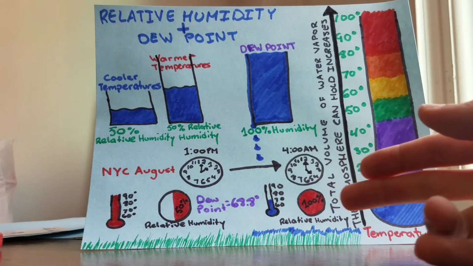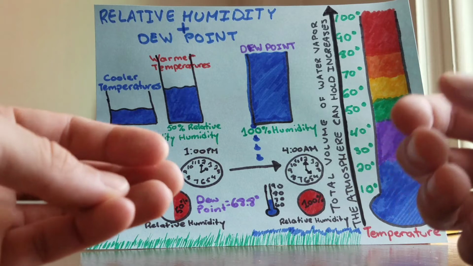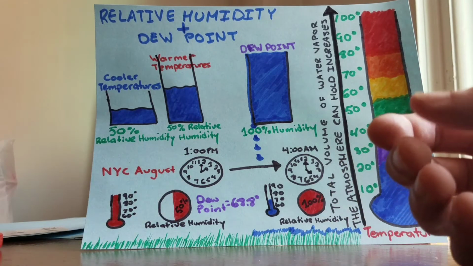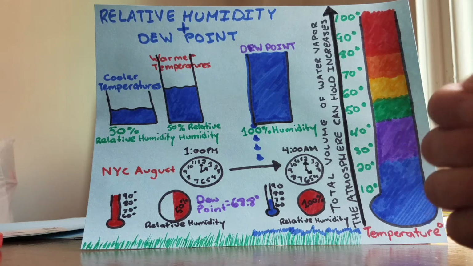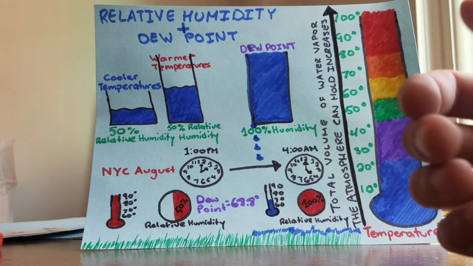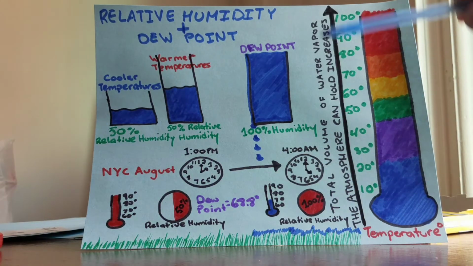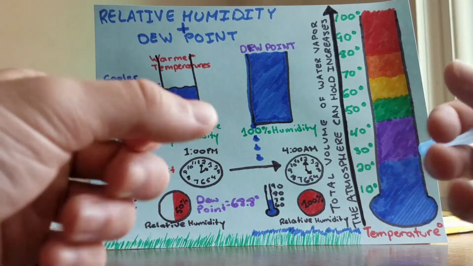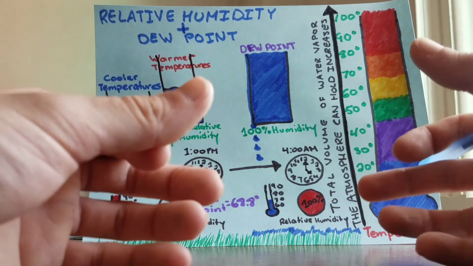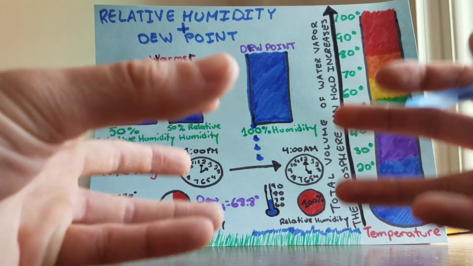So this is kind of a rare phenomenon, but it very much exemplifies relative humidity and dew point. We can see it right before our eyes because there's liquid on the ground and it didn't rain. So to sum up this lesson, the higher the temperature, the more the actual amount of water vapor that the atmosphere can hold increases. The lower the temperature, the less water vapor that the atmosphere can hold.